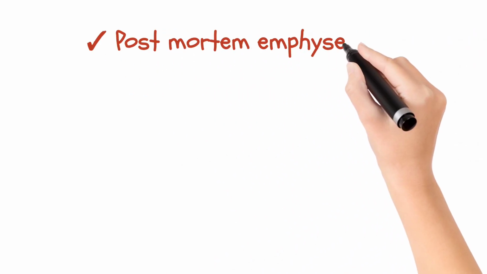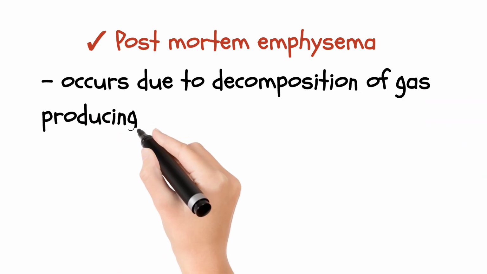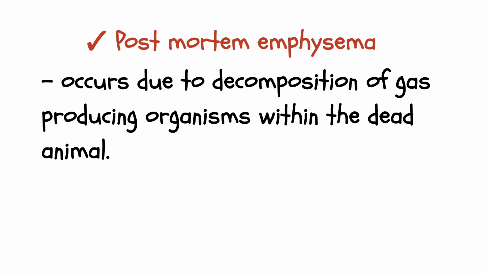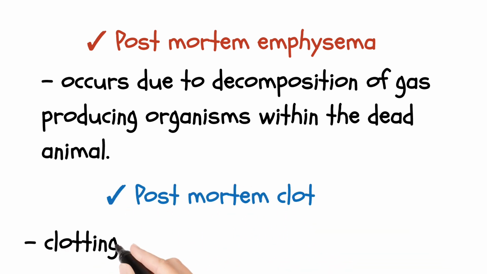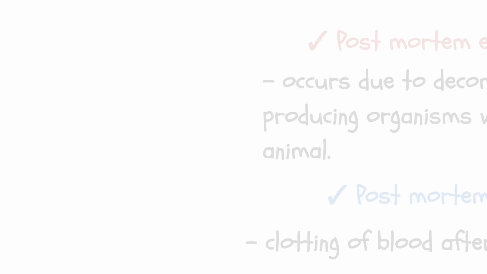Postmortem emphysema. This occurs due to the decomposition of gas-producing organisms, including saprophytes, and the gas is mainly accumulated in the gastrointestinal tract, causing rupture of the organ. Postmortem clots, clotting of blood after death of the animal, mainly due to excessive release of thrombokinase from the dying leukocytes and endothelial cells.